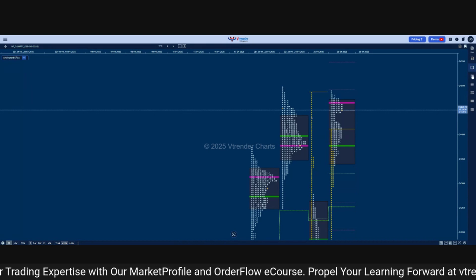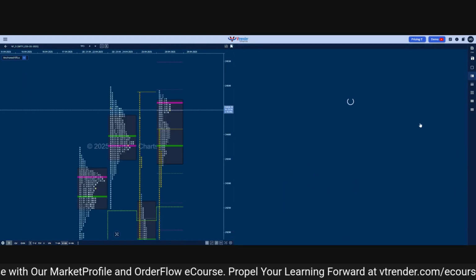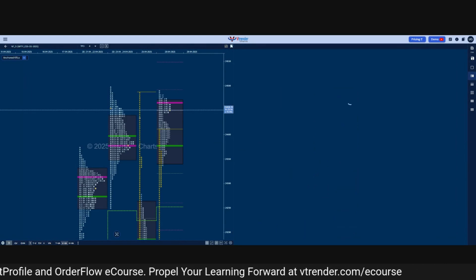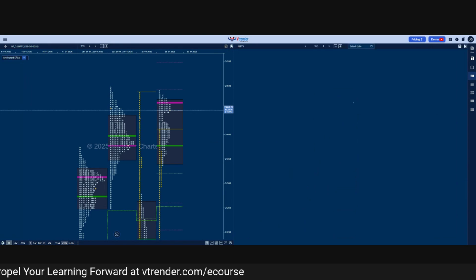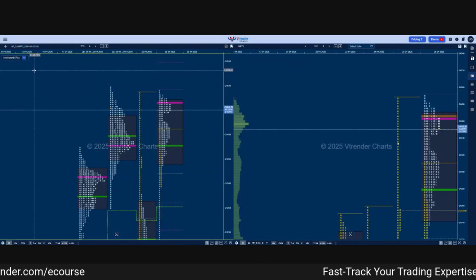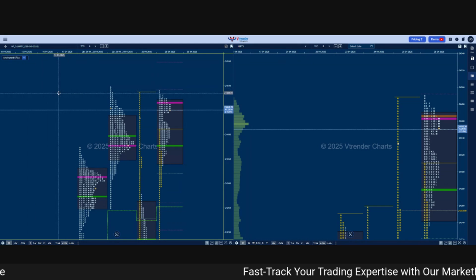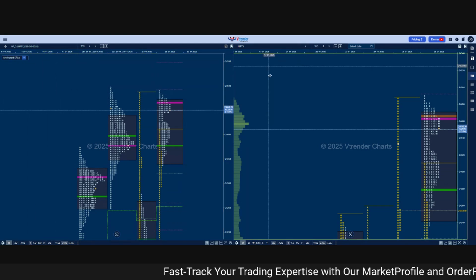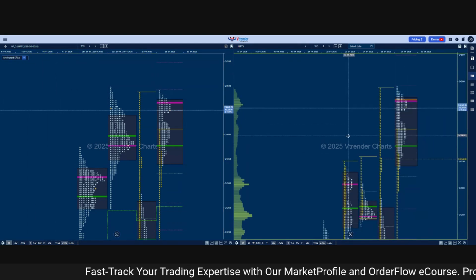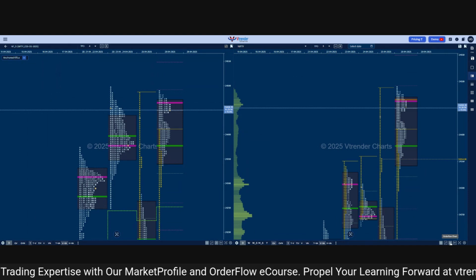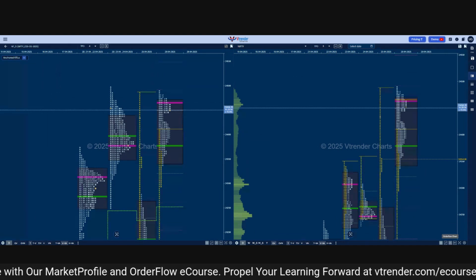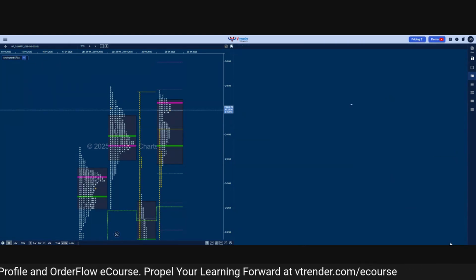So I switch to the two window mode, and I have got the market profile chart on the left of the May series, and on the right I have a continuous Nifty futures. So what I'm going to do here is shift this to the order flow chart, which I can do by clicking the bottom icon on the right.